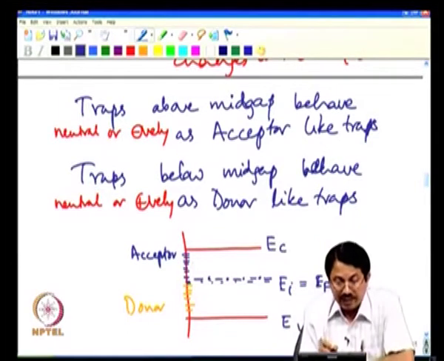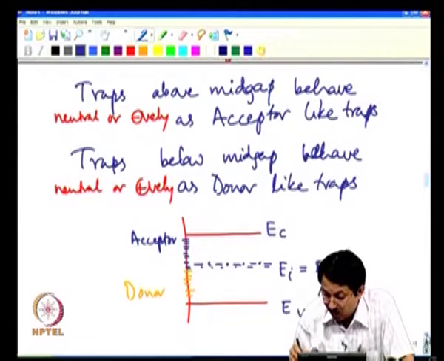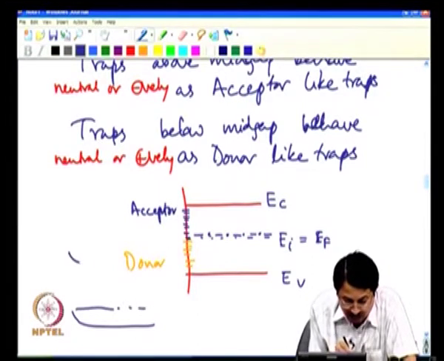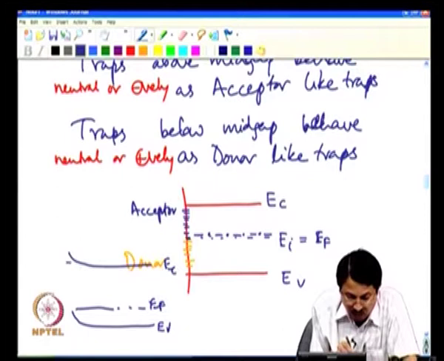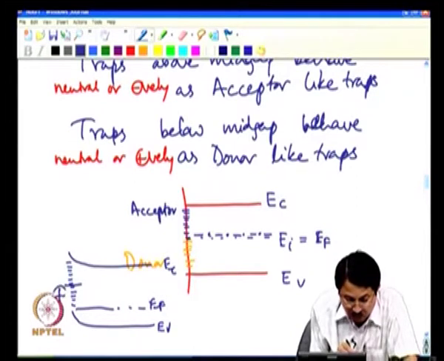Okay. So, acceptor traps which were anyway empty are not going to give charge, but all these donor-like charges will now give positive charge. Okay. So, more particularly now when you have accumulation condition, this is your accumulation condition, correct. This is Fermi level, this is EV, this is EC, you see most of the traps are empty, and these acceptors do not give any charge, but you have net positive charge here.